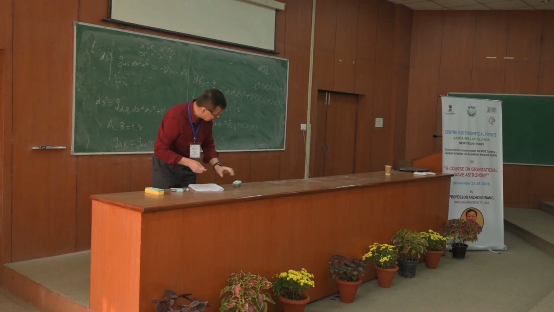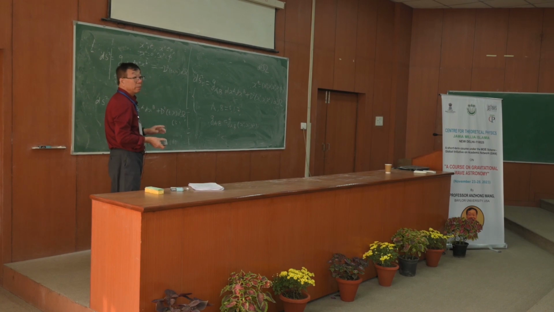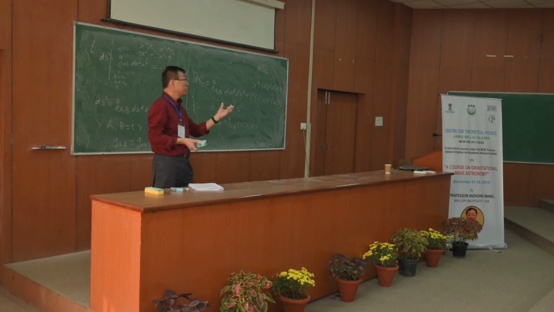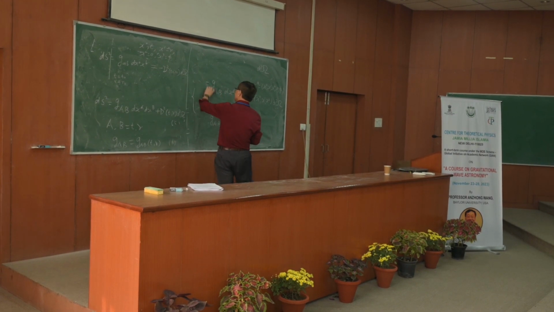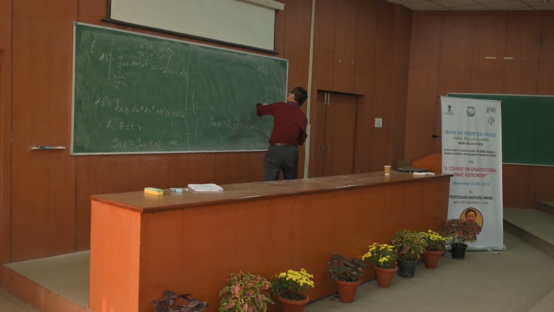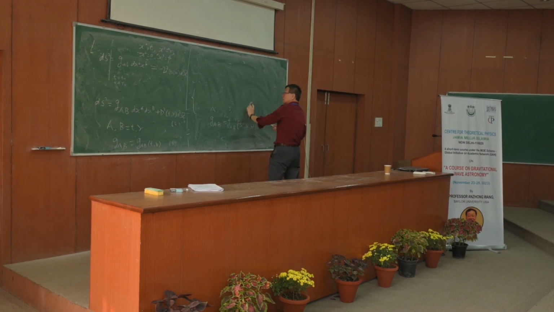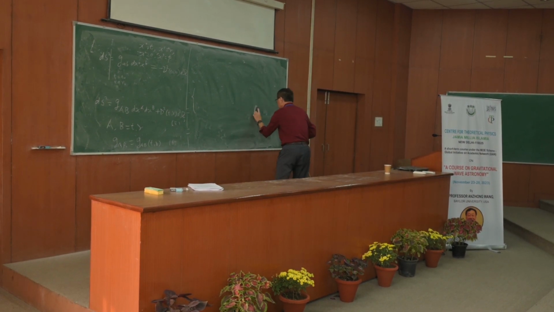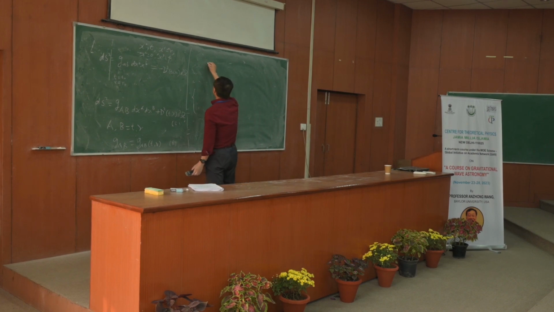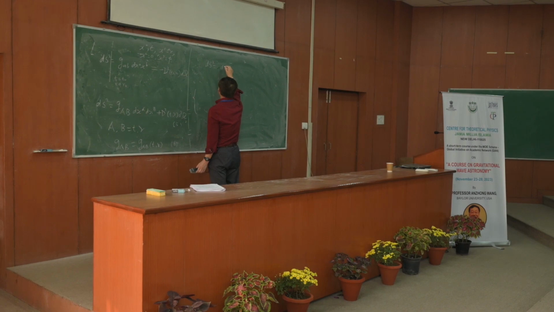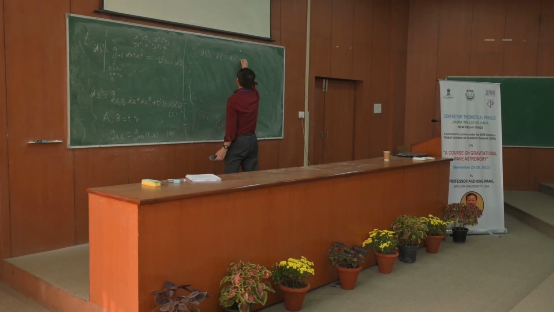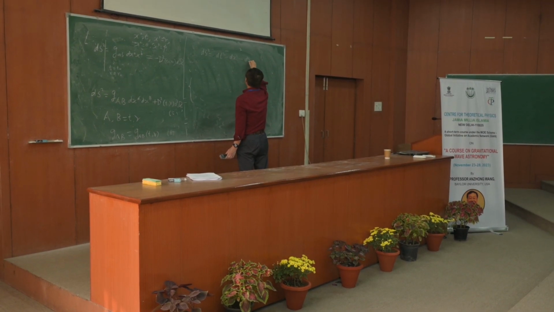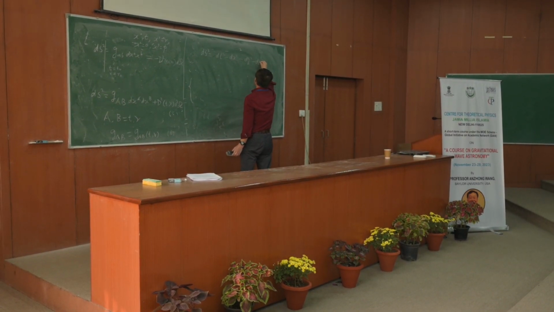So now this is spherical symmetry. What about if I have plane symmetry? Let's say ds squared equals plus dt squared minus dx squared minus dy squared minus dz squared, right?